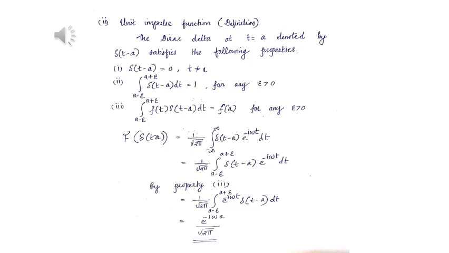By applying property 3, that is f of t delta of t minus a dt is equal to f of a, here our f of t is e raised to minus I omega t. So the answer will be f of a, that is e raised to minus I omega a. So 1 by root 2 pi integral a minus epsilon to a plus epsilon e raised to minus I omega t delta of t minus a dt will become e raised to minus I omega a divided by root 2 pi, by property 3.